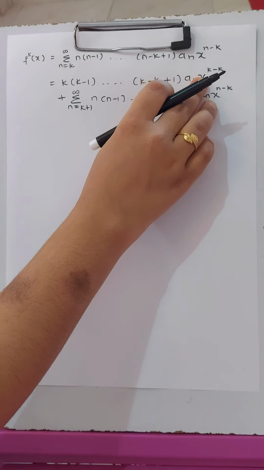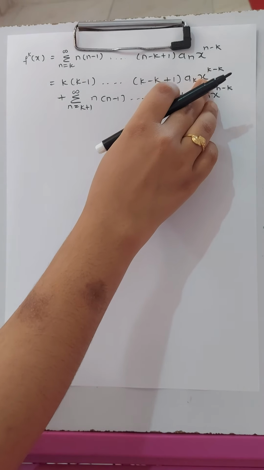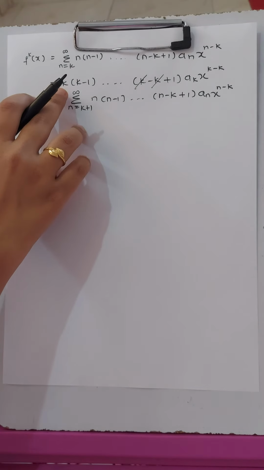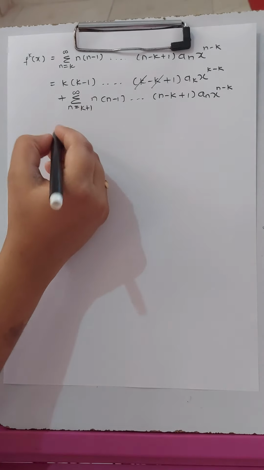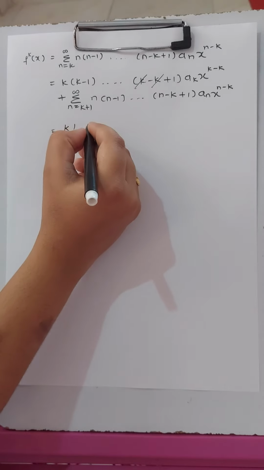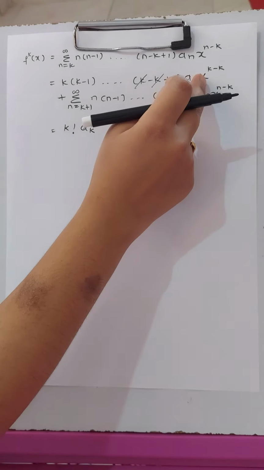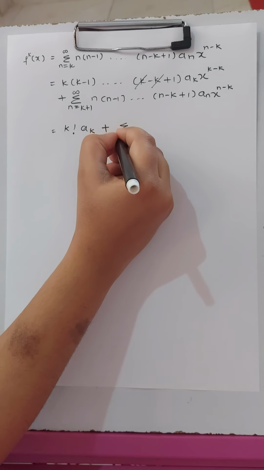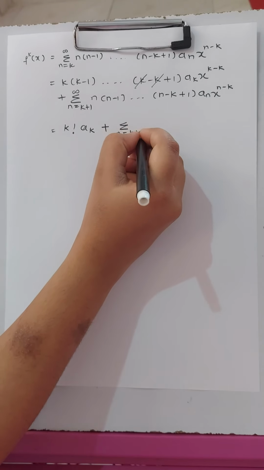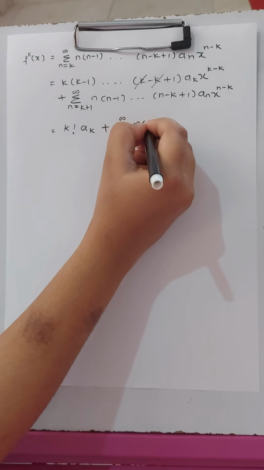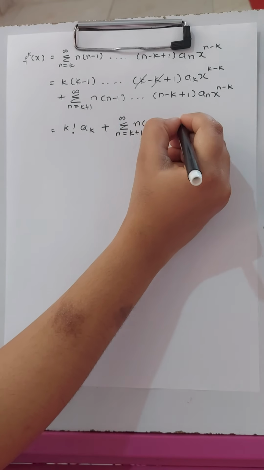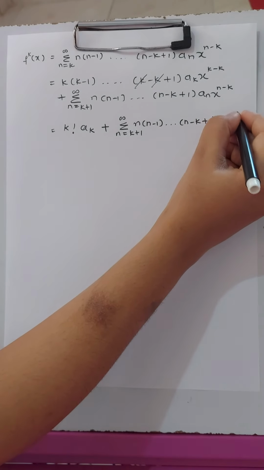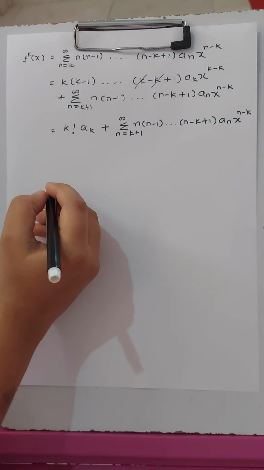So this x to the power k minus k, that is x to the power 0, will become 1, and k into k minus 1 up to 1 becomes k factorial ak, and x to the power 0 becomes 1, plus this will be as it is. So summation n from k plus 1 to infinity n into n minus 1 up to n minus k plus 1 an x to the power n minus k.